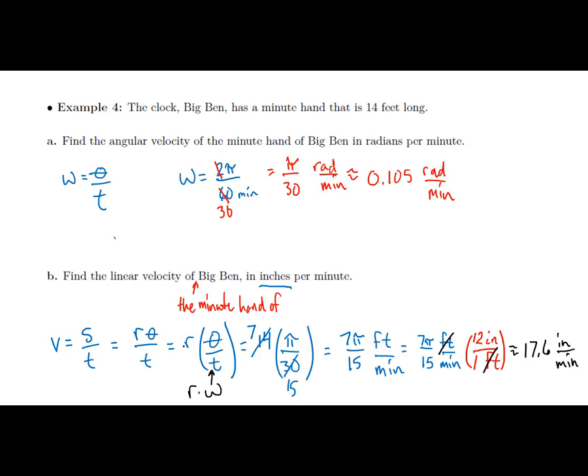So notice that if I take radius times angular velocity, that's equivalent to my linear velocity. So on the next page, this gives us our last formula that we want to be conversant with. We have that linear velocity can always be found by taking the radius times angular velocity. And so you can see the derivation here. It's basically the same thing that I did on the previous page.